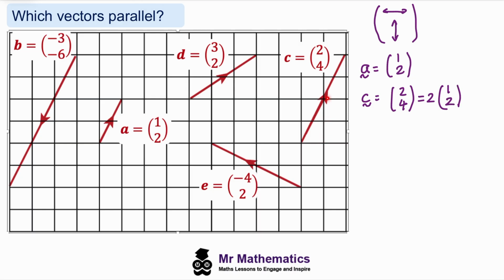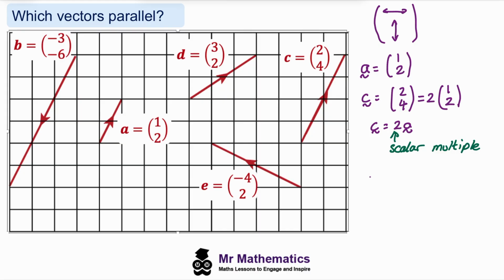That's one, and that's another. And we know that this is the same as vector A. So we can write vector C as 2 multiplied by vector A. And we call this 2 a scalar multiple. All that means is we are doubling the vector A.